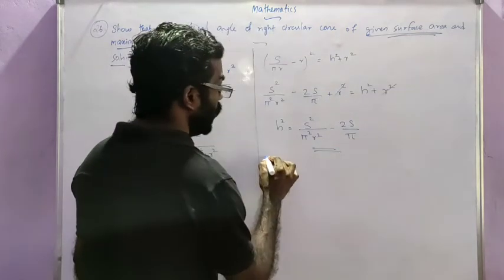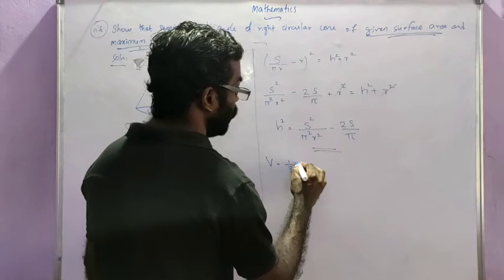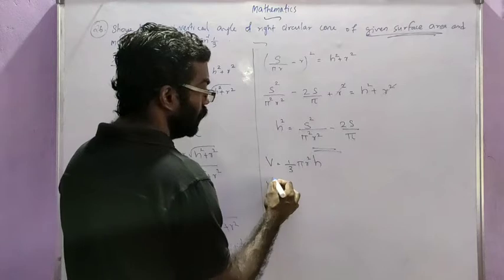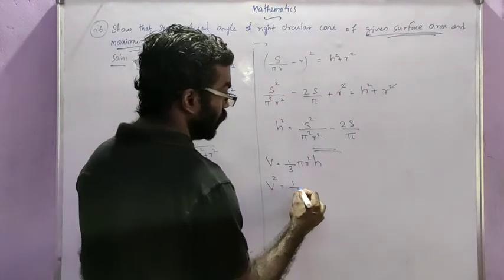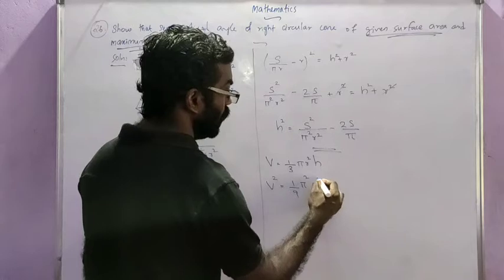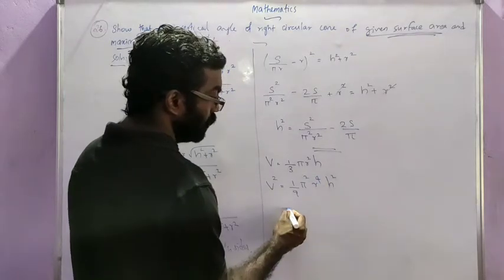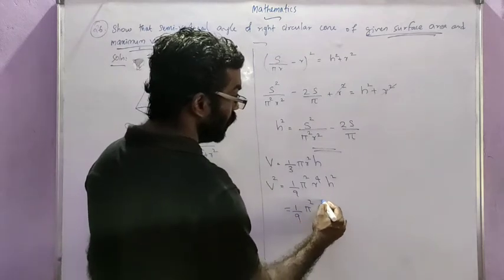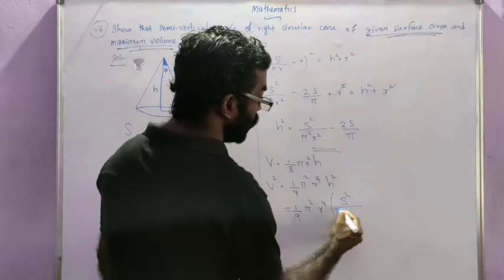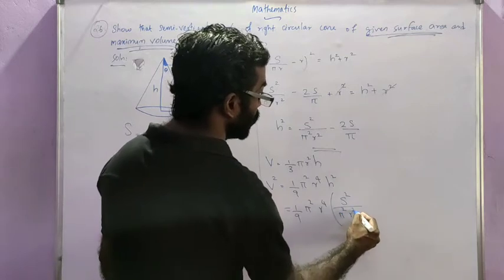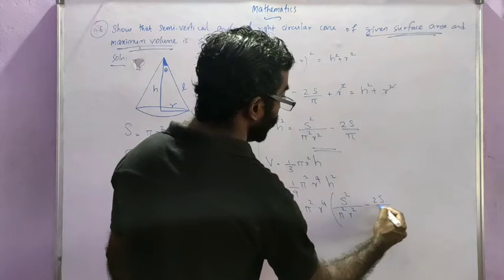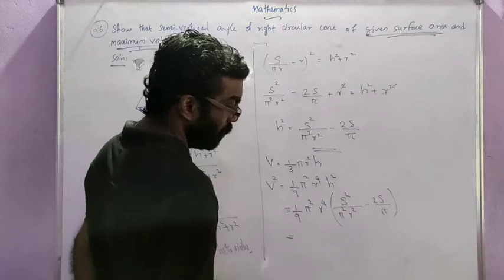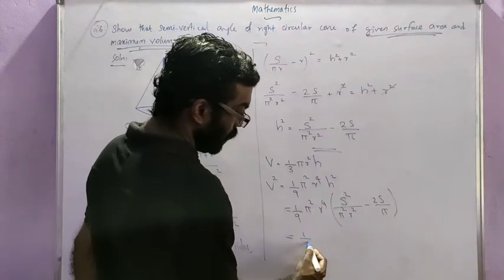Now we can find the volume. V is equal to 1 by 3 pi r square h. First of all we can square on both sides. V square is equal to 1 by 9 pi square r raised to 4 h square. Now we can replace the value of h square. 1 by 9 pi square r raised to 4 into s square by pi square r square minus 2s divided by pi. And we can multiply 1 by 9.